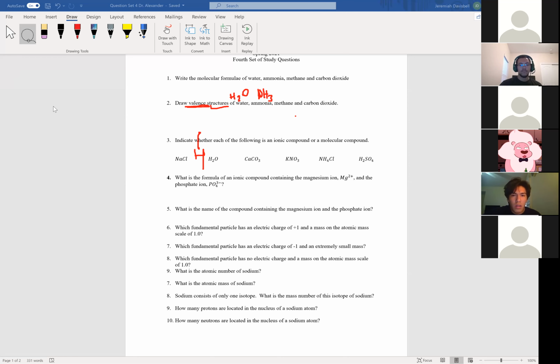So that was water. Let's do ammonia now. I'll do it over here on the side because I have more space there. Ammonia is NH3, right? Remember, hydrogen can never be your center atom, so we can assume that nitrogen will be our center atom, correct? How many valence electrons does nitrogen have?